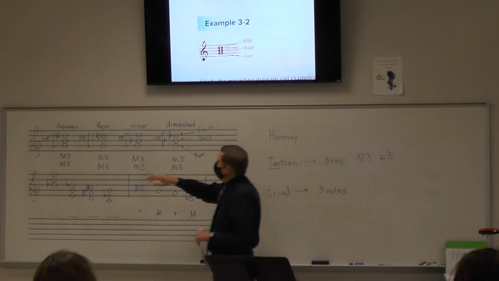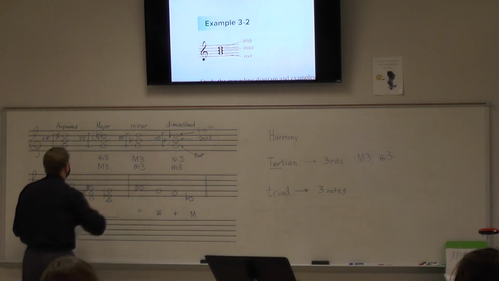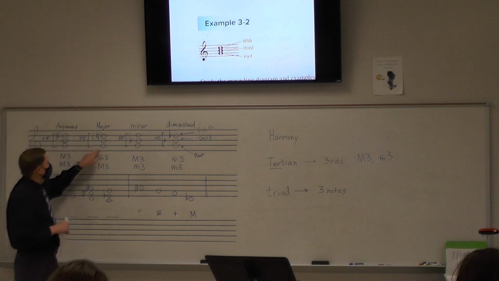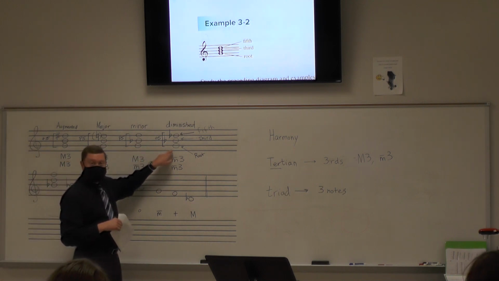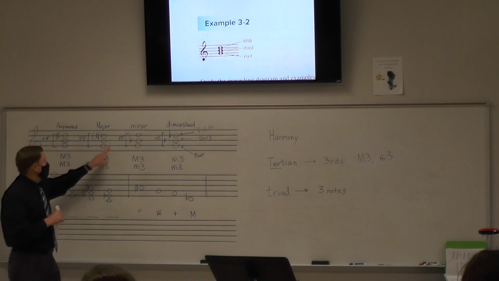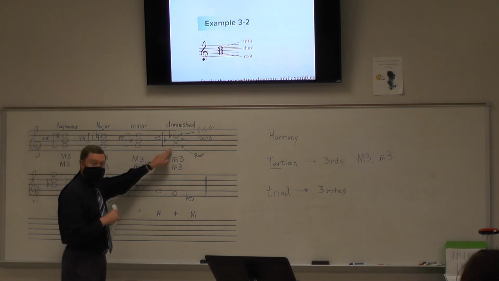So for instance, all of these triads here on the top staff are all G triads. You could say that they're all G chords, because all of their roots, their lowest notes, are all G. But to be even more specific, we could say that this is a G augmented triad, this one is a G major triad, a G minor triad, and a G diminished triad.